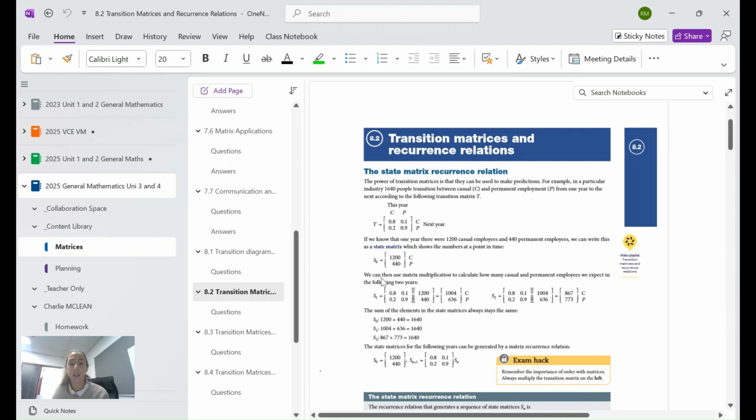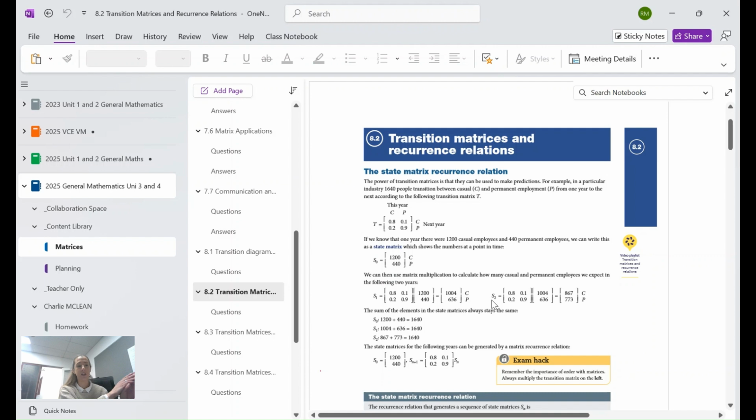S1 is our transition matrix multiplied by our state matrix, which will give us how many people will be in casual employment and how many will be in permanent employment after the first year. We can then do the same thing. We take our transition matrix, which stays the same. The transition matrix doesn't actually change, but instead of multiplying it by our initial state matrix, we multiply it by S1, where they were sitting in that next year, to calculate the year after.